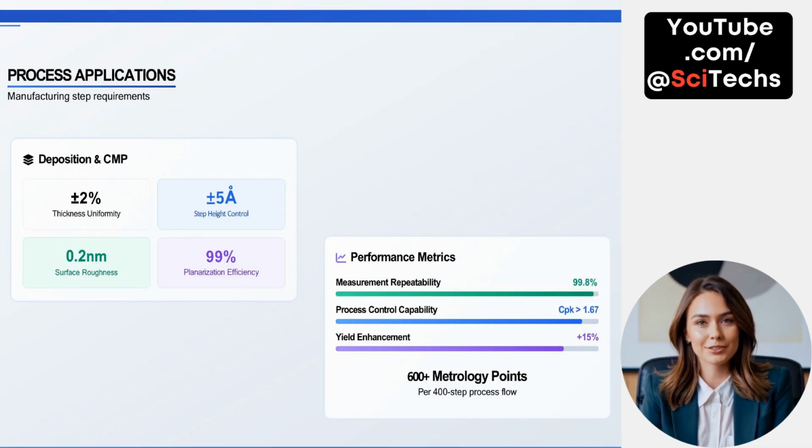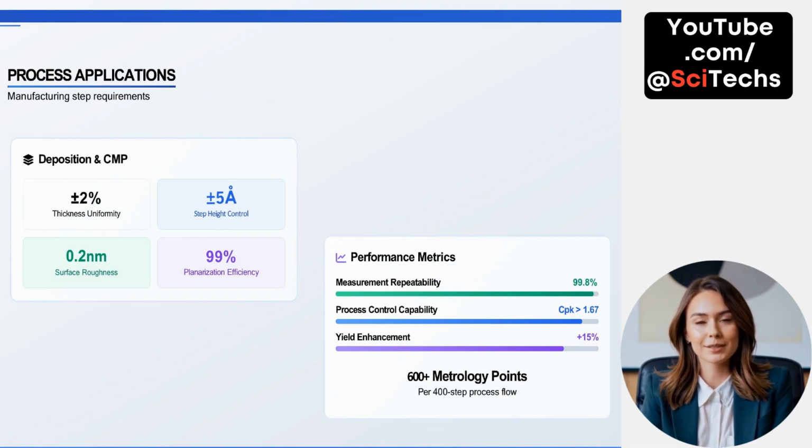Process applications. In semiconductor manufacturing, deposition and chemical mechanical polishing, CMP, play critical roles in meeting strict process application requirements. For deposition and CMP, thickness uniformity is essential, with a target of plus or minus 2%.